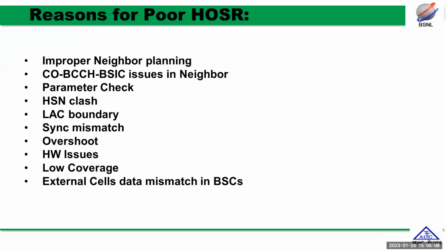HSN class means your planning of HSN and MAIO in the neighboring base station so that the interference of TCH hopping may be avoided. Others are LAC boundary, sync mismatch, overshoot, hardware issue, low coverage, and external cell data mismatch in the BSC or RNC. These are some reasons for poor HOSR.